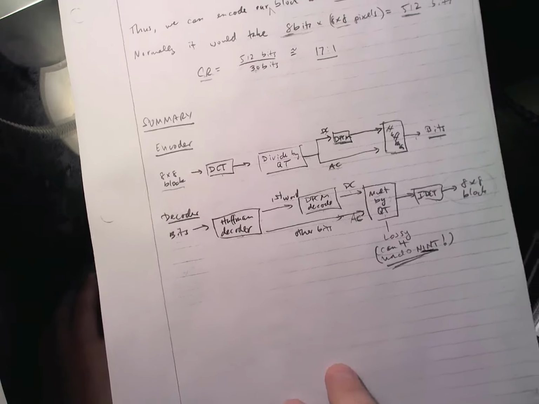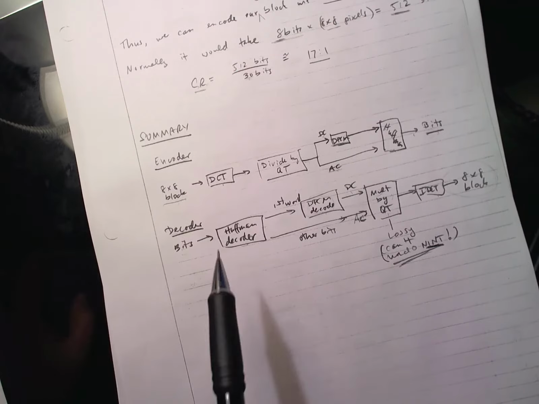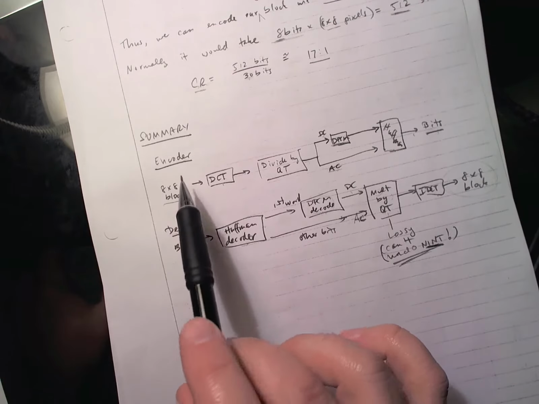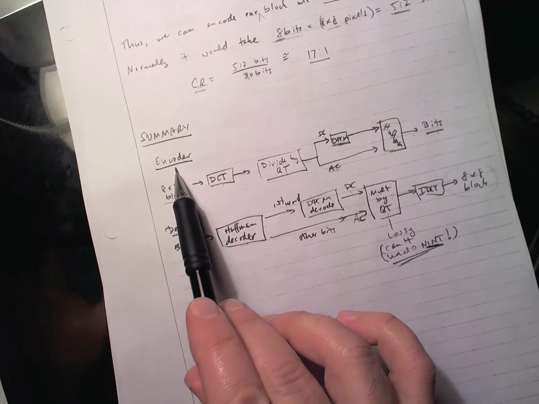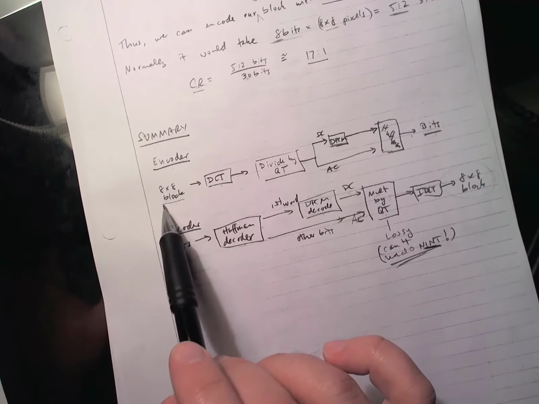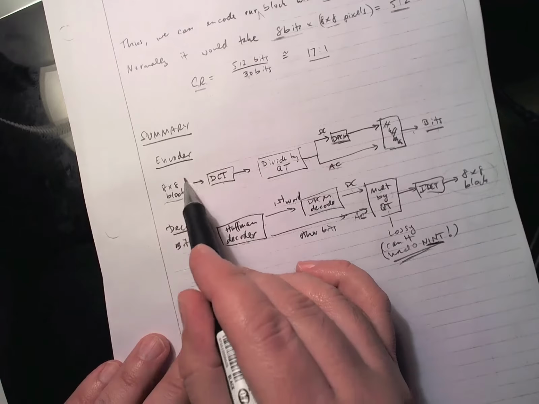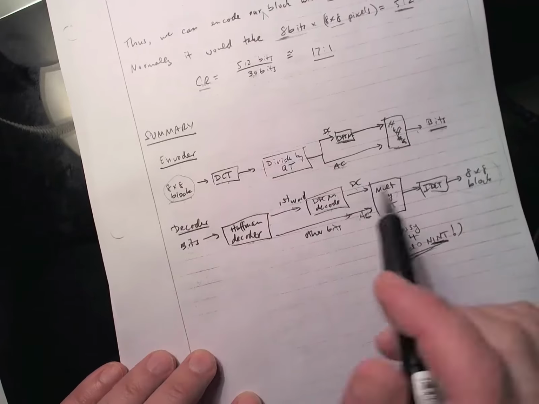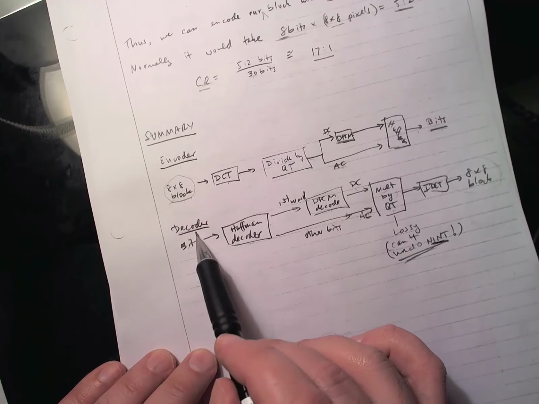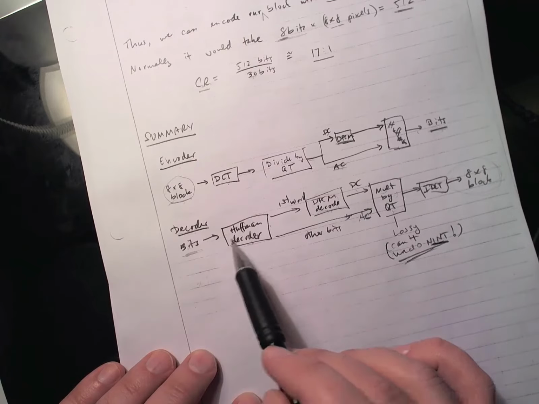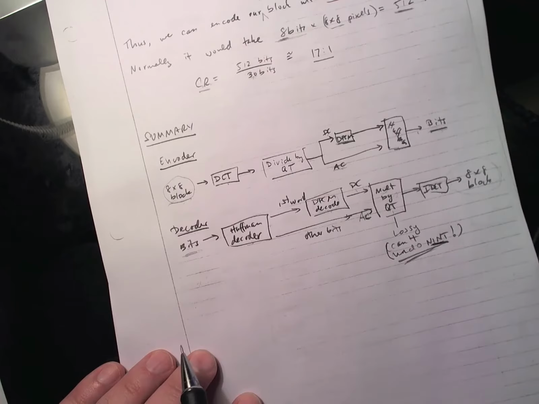Okay, so let's just quickly summarize the outline of the algorithm. So you have the step of creating the JPEG file, turning images in the form of 8x8 blocks into a string of bits, and then you have the process of decoding, reading the file out, reading out the bits, and turning it back into an image that you can view.